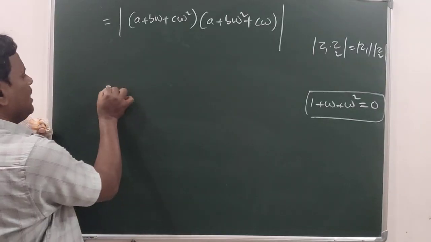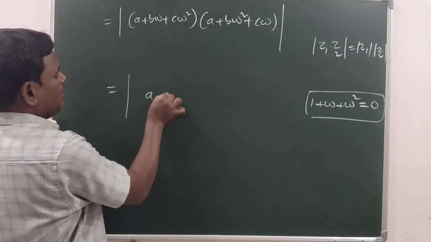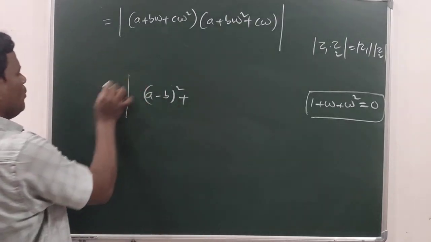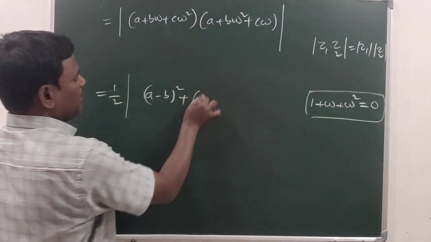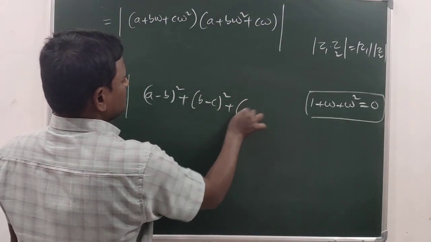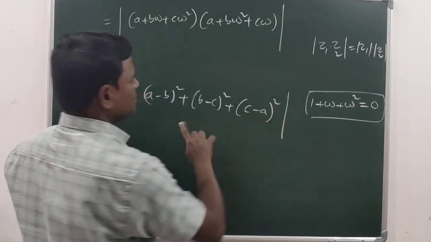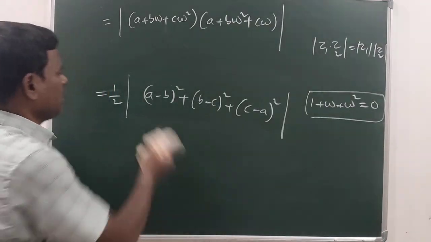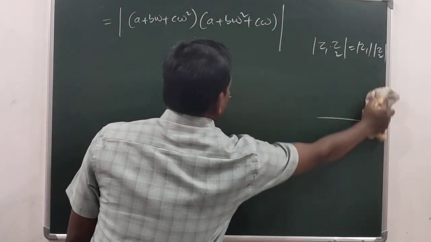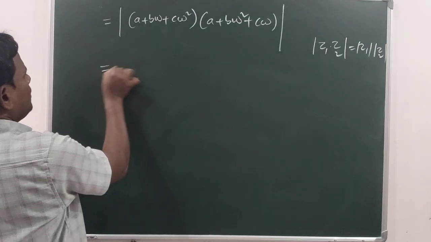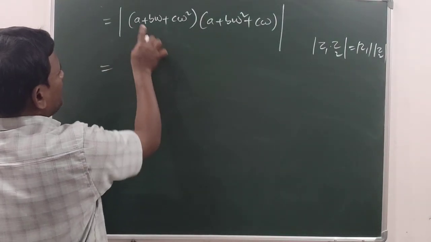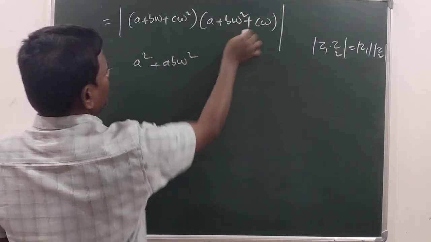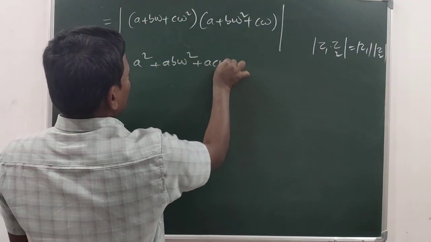Finally you will get the mod of half of a minus b whole square plus b minus c whole square plus c minus a whole square, if you multiply these two. If you want, I can multiply. See here, a into a gives a square, a into b omega square gives ab omega square, a into c omega gives ac omega.